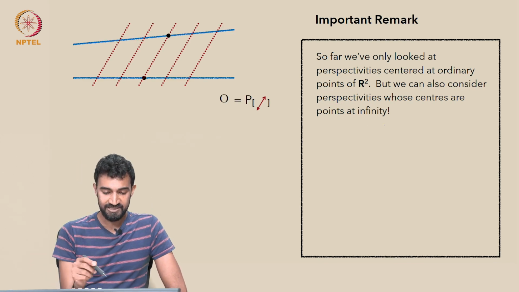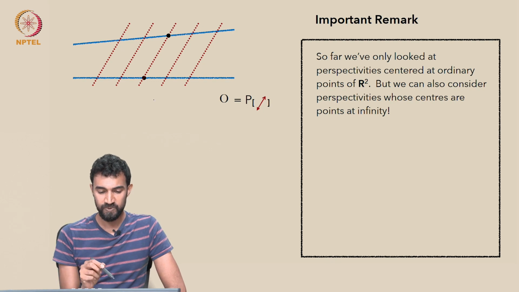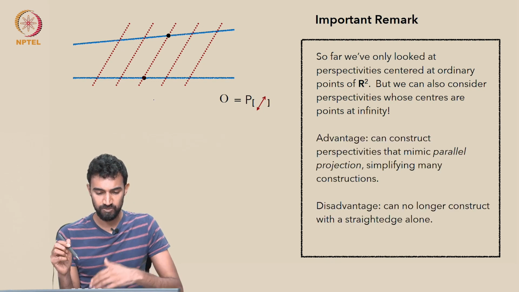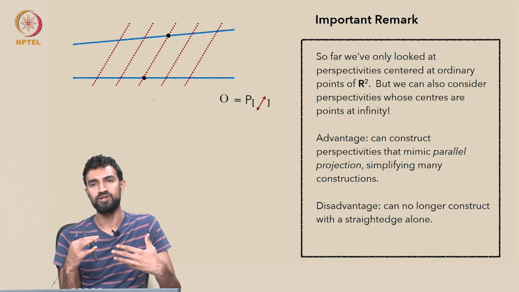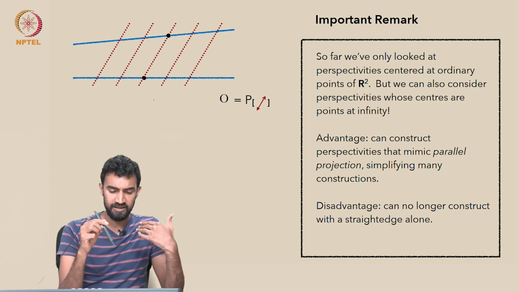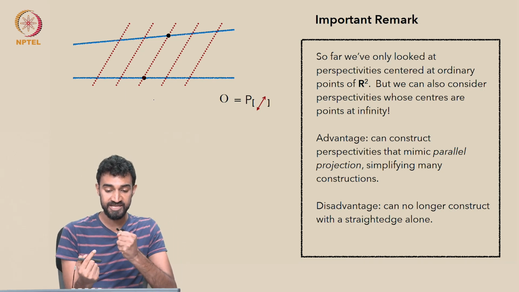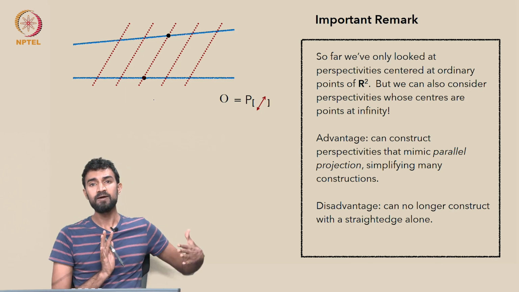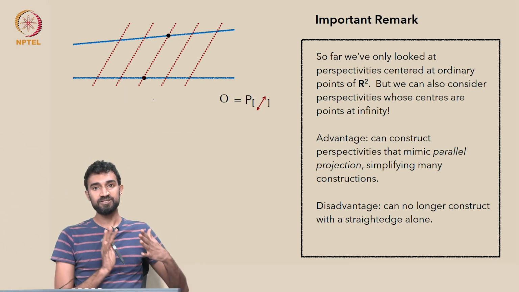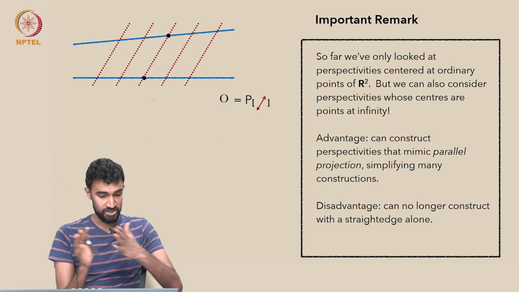And when we do that, here's an example, we end up mimicking parallel projection. Because our center of projectivity is infinitely far away, the lines from that are all going to appear parallel to each other.